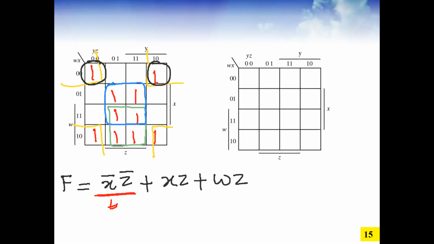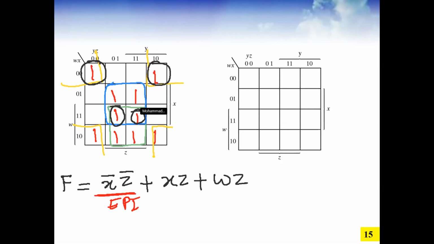Now check the blue one. For the blue one, you can see it is combined in two ways. Correct or not? Yes. It is a part of two groups, yellow, this one, blue and green. It is already a part of two. But what do you think?